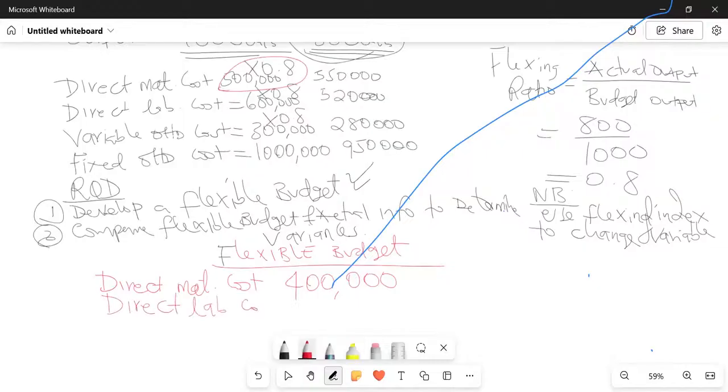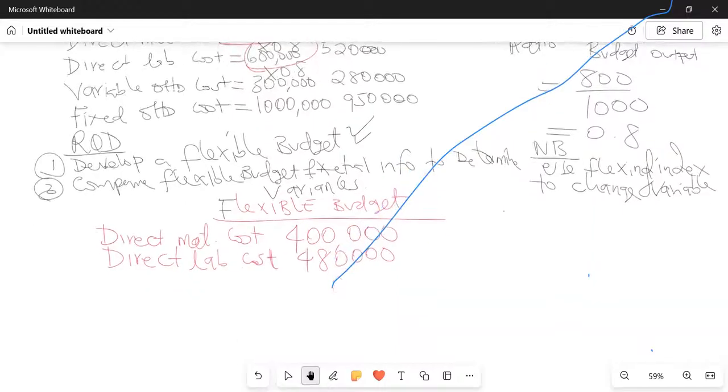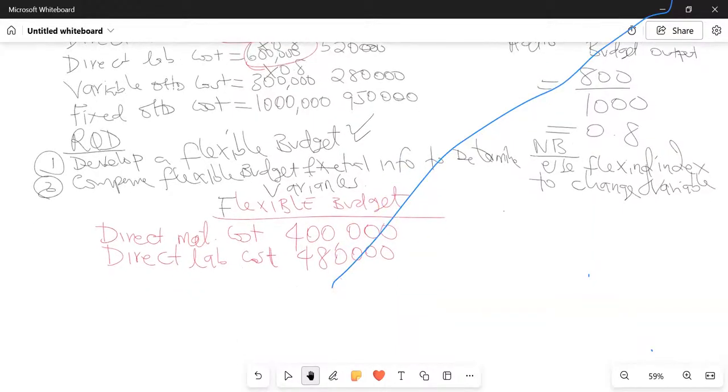For direct labor cost, I'm taking 600,000 times 0.8, which gives 480,000. Thank you, Nashetu and Terry. After that, I can see variable overheads.